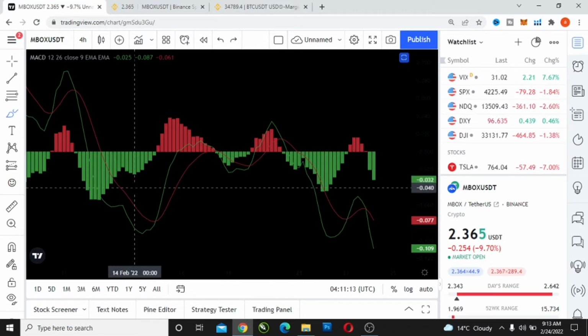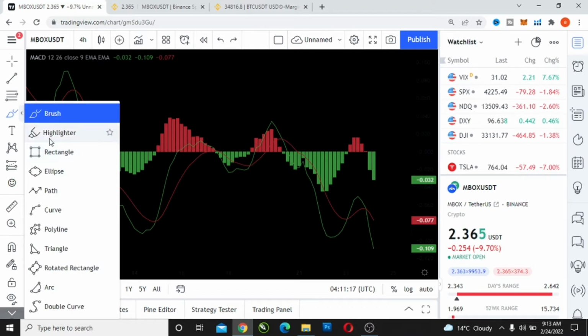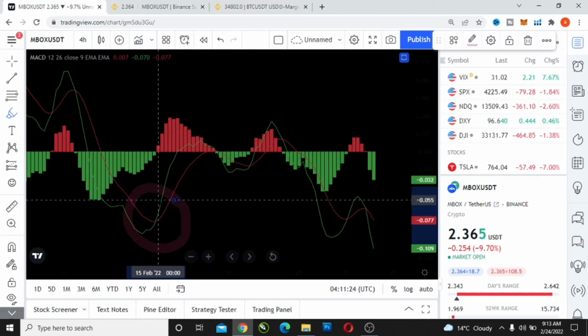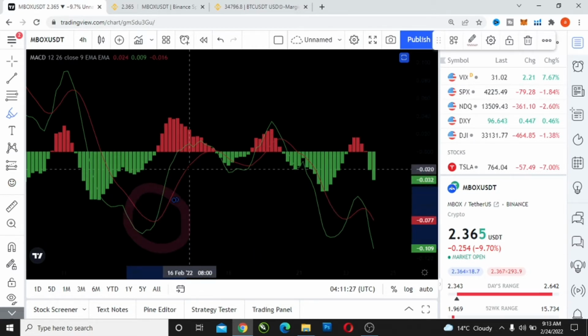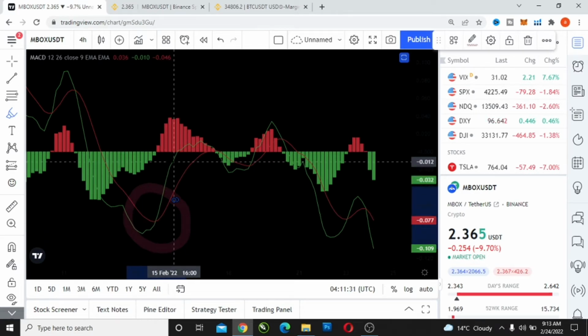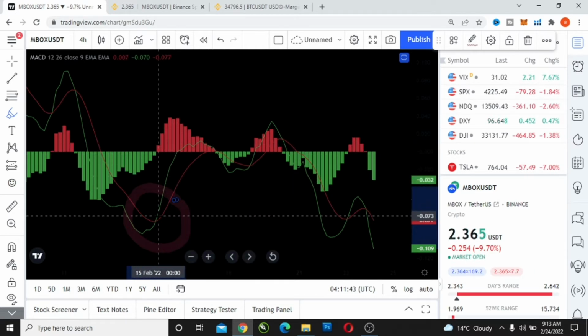I repeat, when you are looking at the lower low area and you can see a crossover of MACD and signal, and after the crossover MACD is above the red signal line, then we can expect a price appreciation, and that is the right time to take an entry in any coin. You can buy your coin at this particular point.